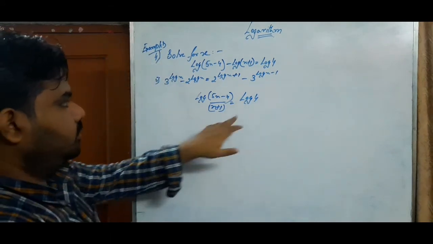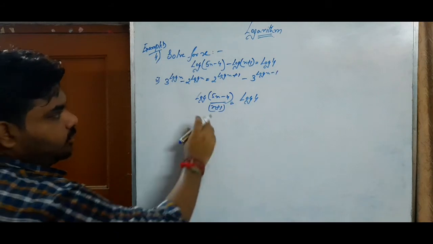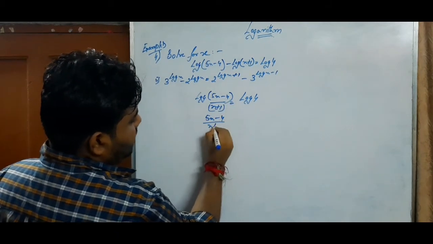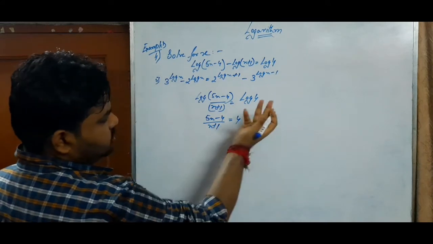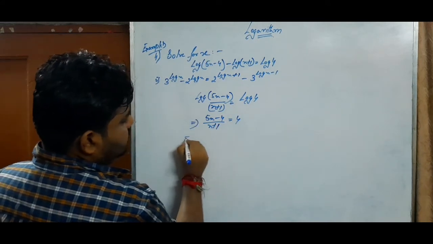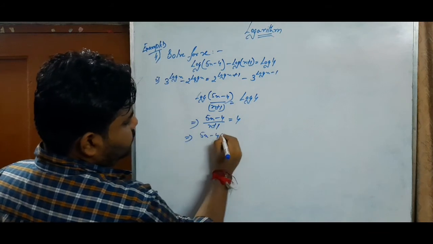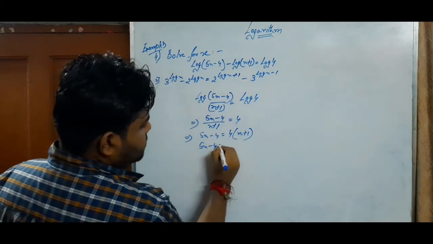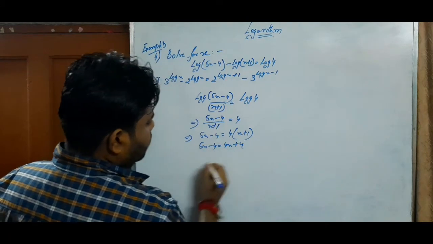Taking anti-log on both sides, there will be no log, therefore 5x minus 4 by x plus 1 equals 4. Just cross multiply. 5x minus 4 equals 4 into x plus 1, that is 5x minus 4 equals 4x plus 4.